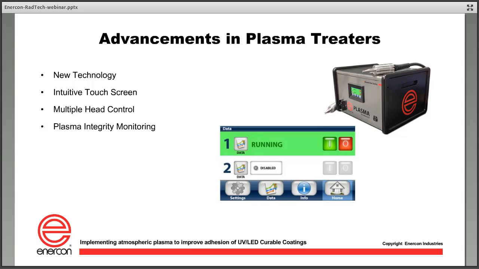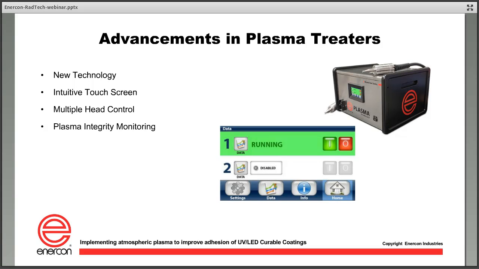It's being able to not only know that the system is running when someone's physically not standing there, but also being able to log information, log faults, log run data, and externally monitor the airflow and the plasma, what we call plasma integrity monitoring. It also measures incoming line voltage and things like that.